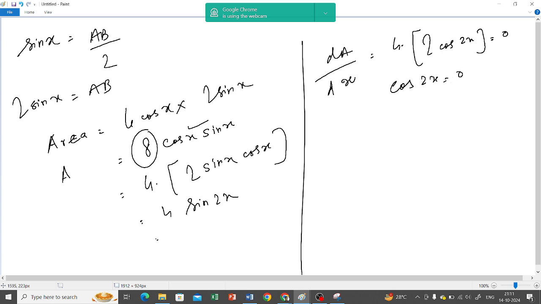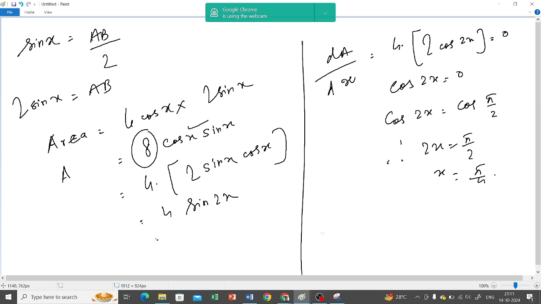So cos 2x is 0. Now for what angle of cos do we get 0? Cos 90. So 2x is pi by 2, or x equals pi by 4.